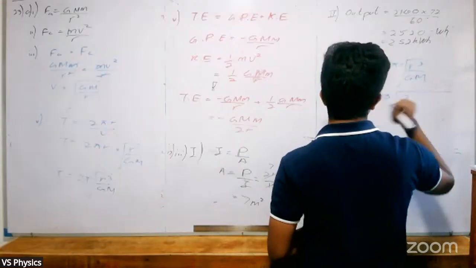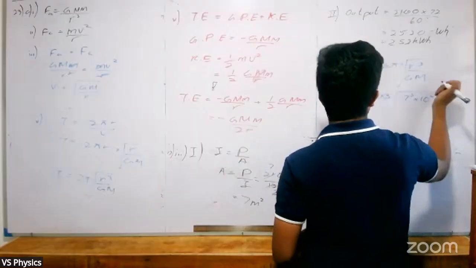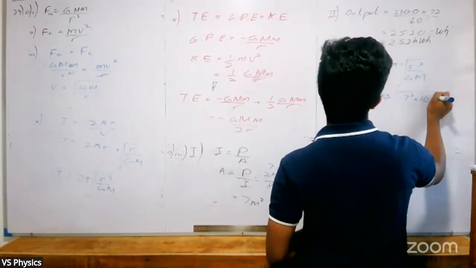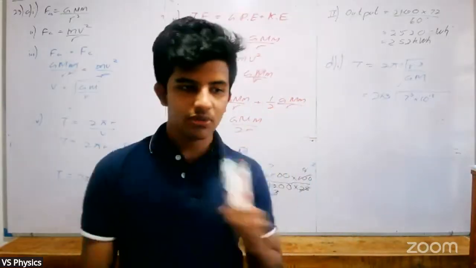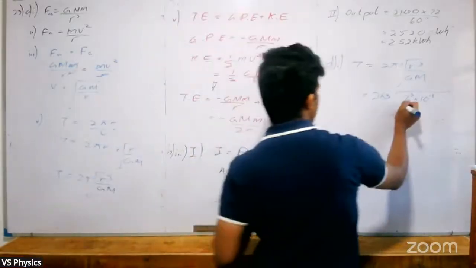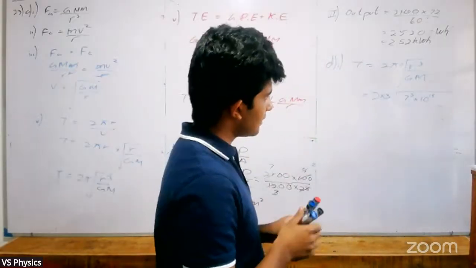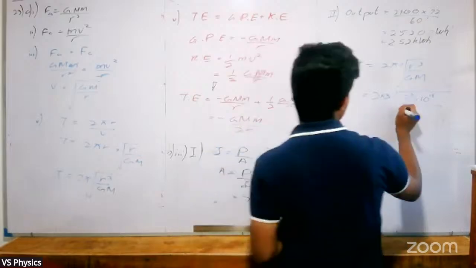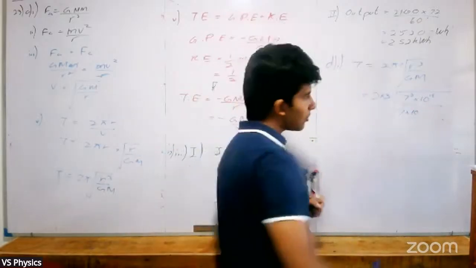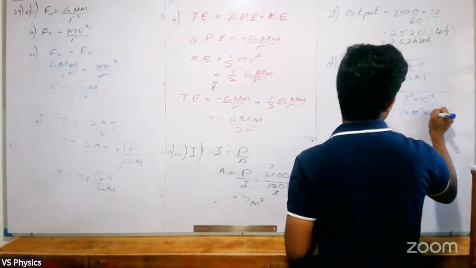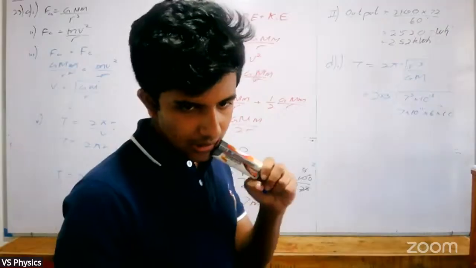So we can write 7 cubed times 10 to the power 18, because 10 to the power 6 cubed gives you 10 to the power 18, divided by the gravitational constant, which is 7 times 10 to the power 11 near, and the mass is 6 times 10 to the power 24.